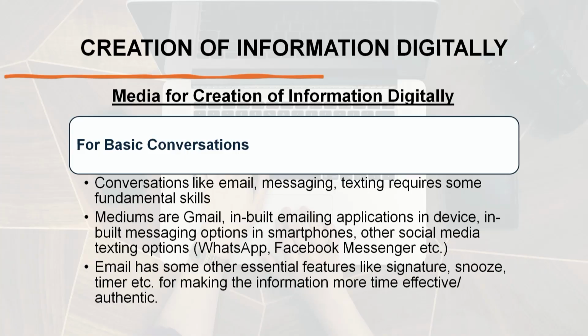And the languages are also there. So that is very convenient for anyone. If you know how to use your device properly, you can do these things properly. You can create your message which you have to send to someone.